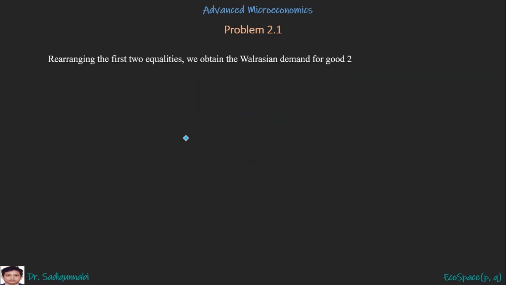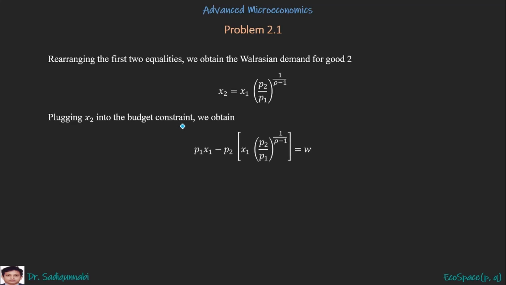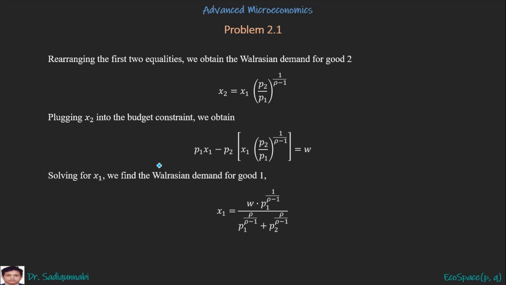Rearranging the first two equations, we obtain the Walrasian demand for good 2. And plugging x2 into the budget constraint, we get this equation. And solving for x1, we get the Walrasian demand for good 1.